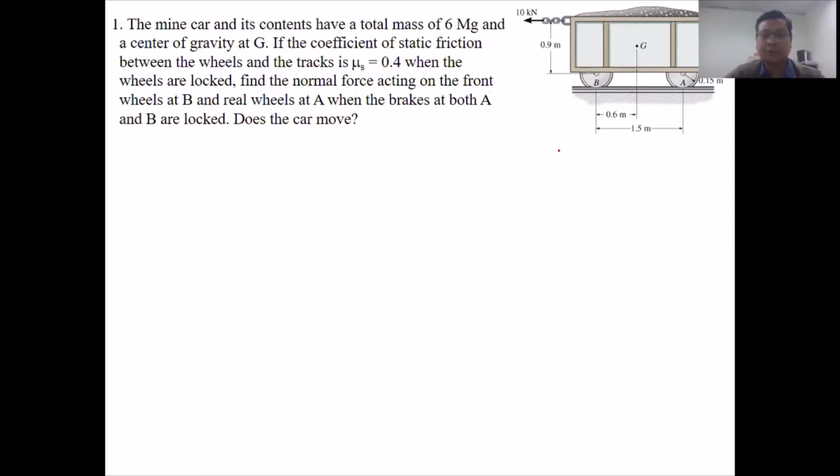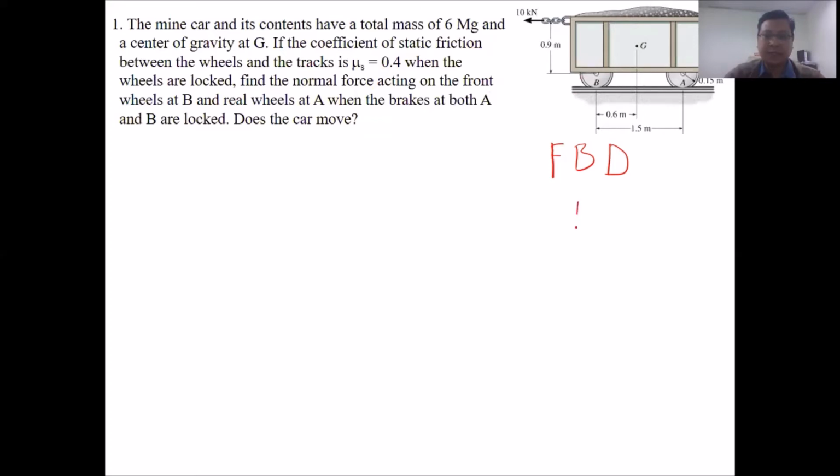Before we answer, as usual, we start with the FBD, the free body diagram.